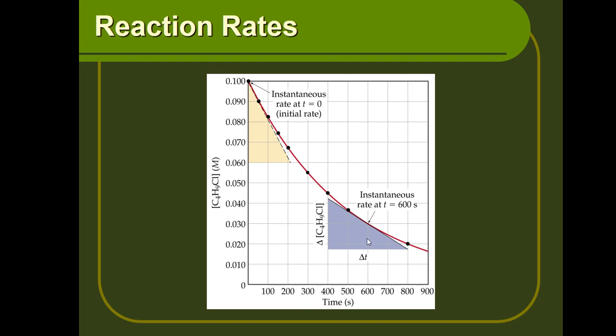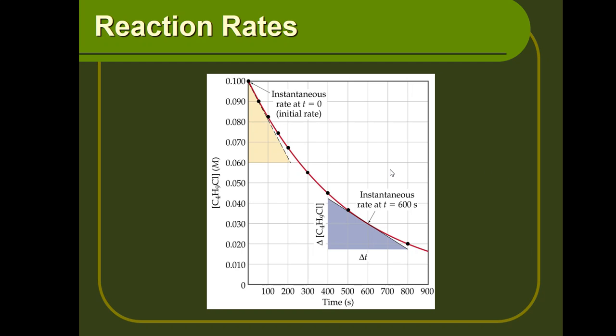The instantaneous rate at time 600 seconds is the slope of this line tangent to this curve at 600 seconds. Though again, the procedure is lengthy and more complicated than the first one, it will give you the rate at the very instant that you want to know about, whereas the other one simply gives you the average on the particular span of time.